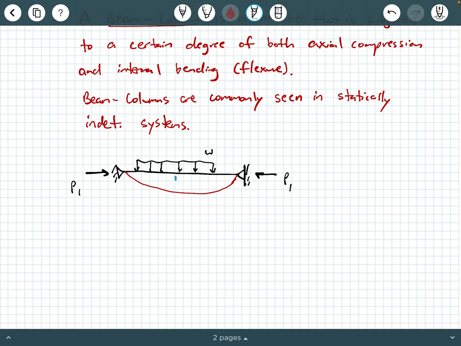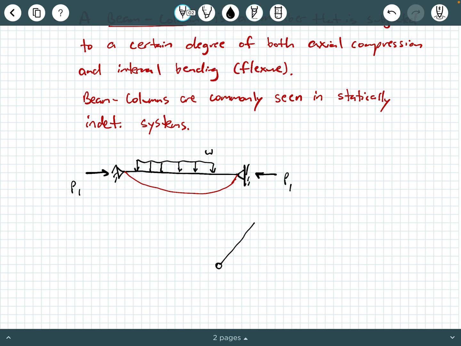This deformation is being caused by a buckling effect due to the P1 axial compressive loads, and on top of that, you have this applied loading along the length of the member that's additionally causing it to flex.